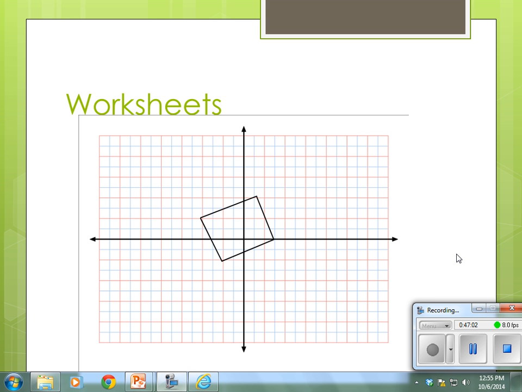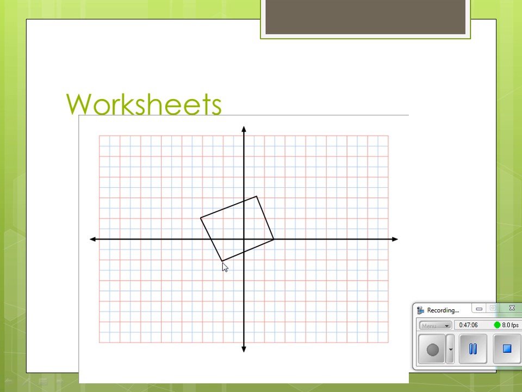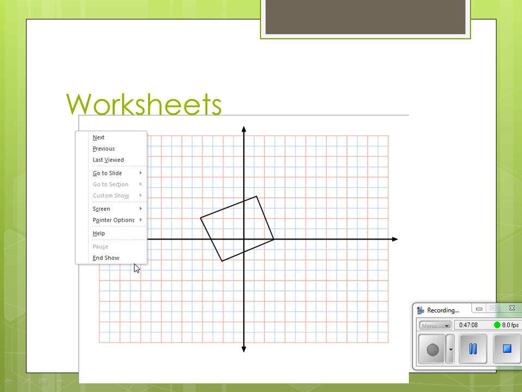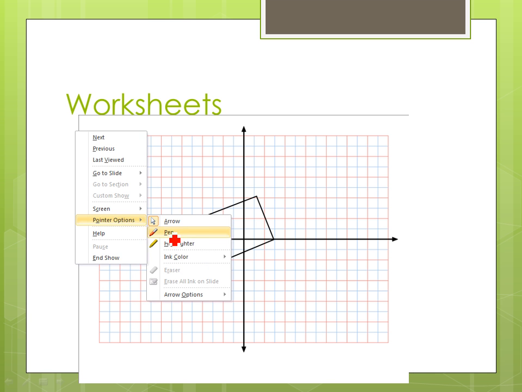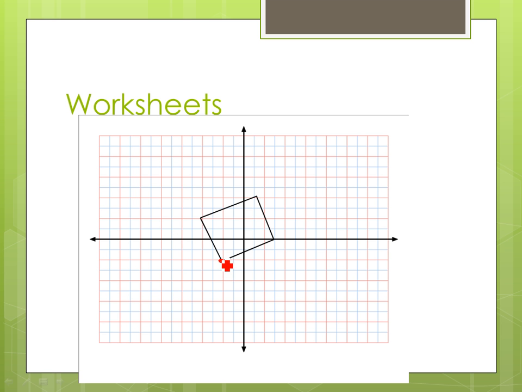Right off the worksheet, what you need to do every time you're doing one of these problems and you're rotating it about the origin is go through and find the ordered pairs of the coordinates of the corners, write them down out to the side, and do the rule first.